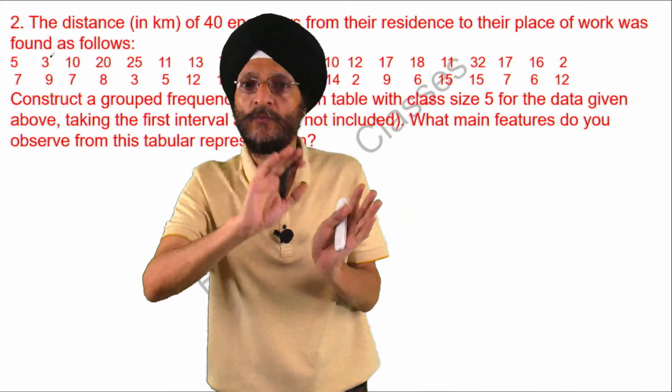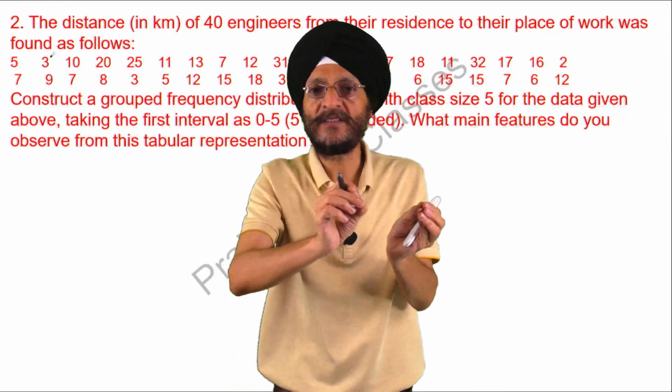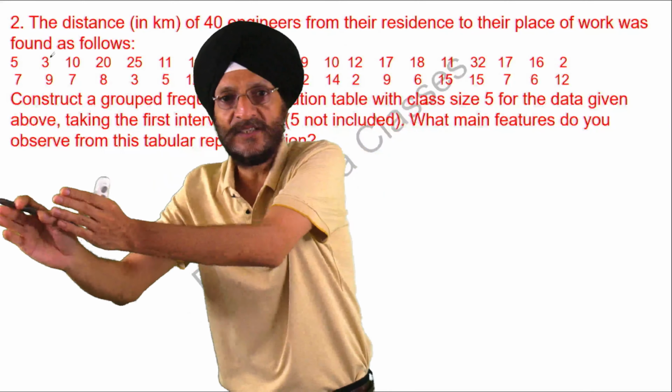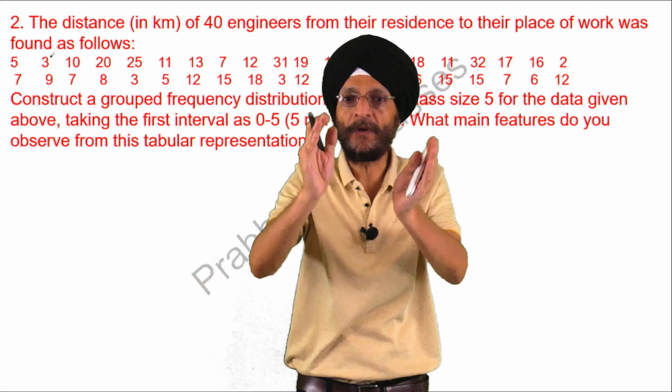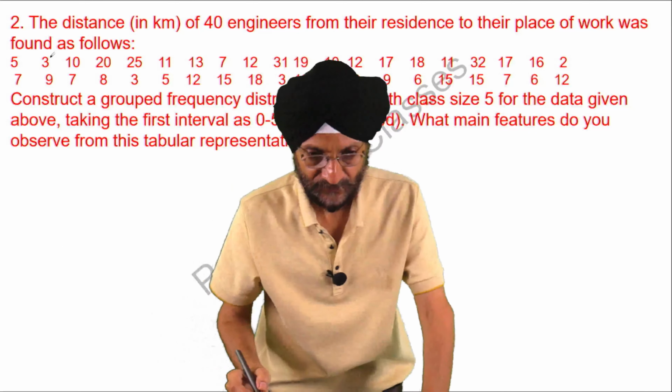That is, we will form groups, say from 0 to 5 kilometers, the number of engineers is this. For 5 to 10 kilometers, the number is this. From 10 to 15 kilometers, the number of engineers is this.